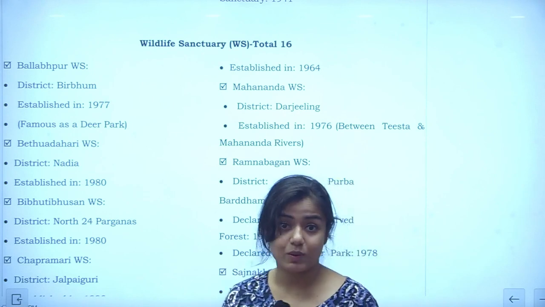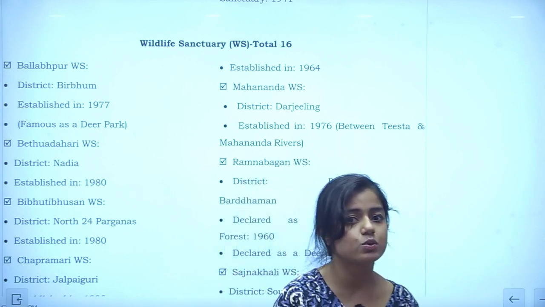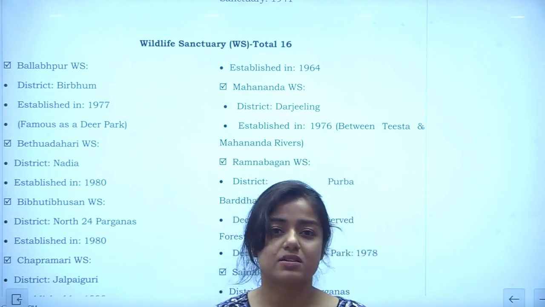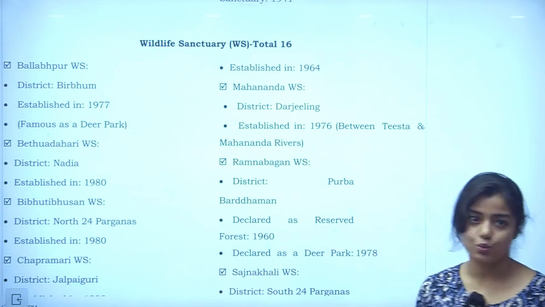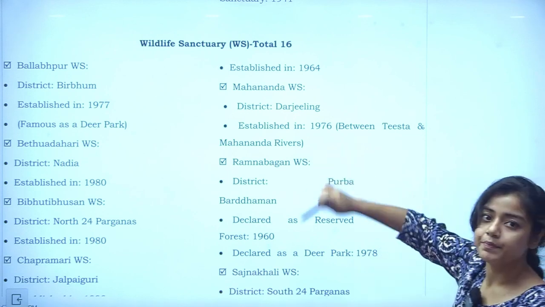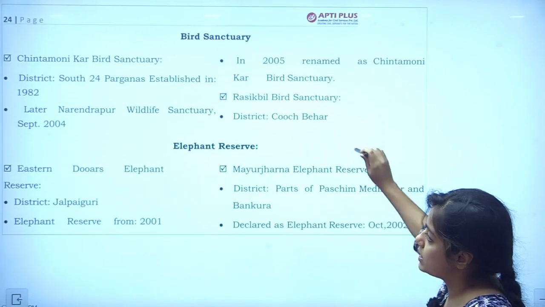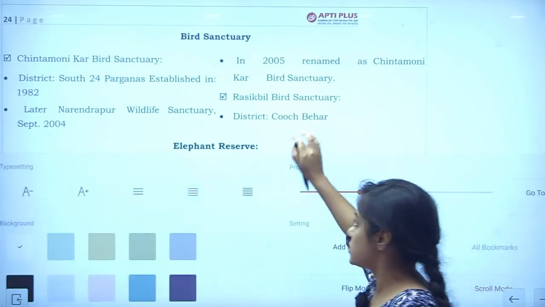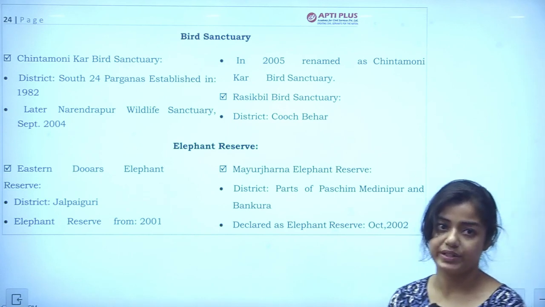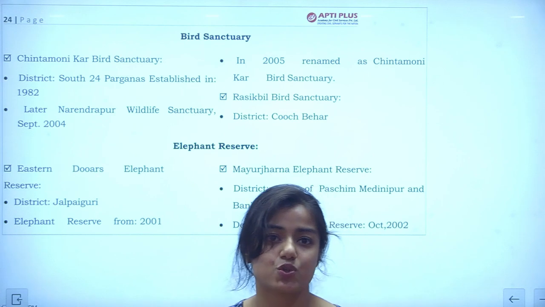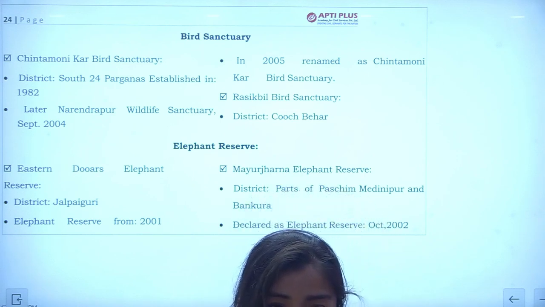And we have 16 wildlife sanctuaries. I guess all of you know, at least you have to know the names and in which district each is found. Direct questions do come. Now we go to the bird sanctuaries and elephant reserves. Bird sanctuaries: Chintamani Bird Sanctuary and Rasik Bill Bird Sanctuary.